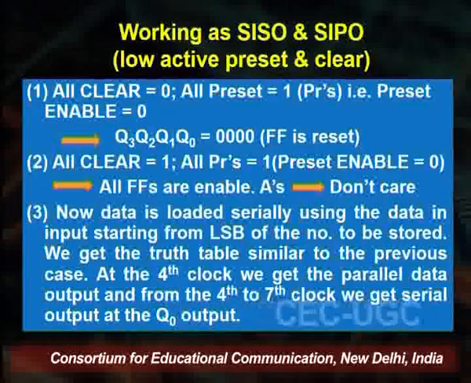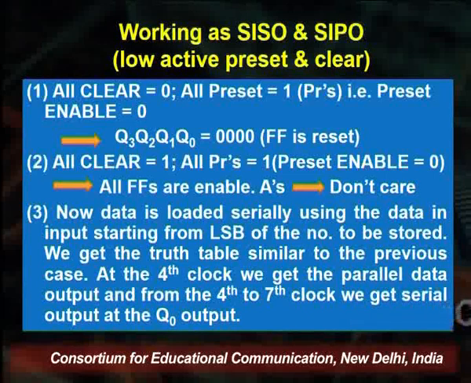Now, data is to be loaded serially using the data in input starting from the LSB of the number to be stored. We get a truth table that is similar to the previous case, and when we had studied the SISO and SIPO configurations, we had seen that at the 4th clock pulse we get the parallel data output, that is SIPO, and at the 7th clock pulse, that is from the 4th to the 7th clock pulse, we get the output as SISO.